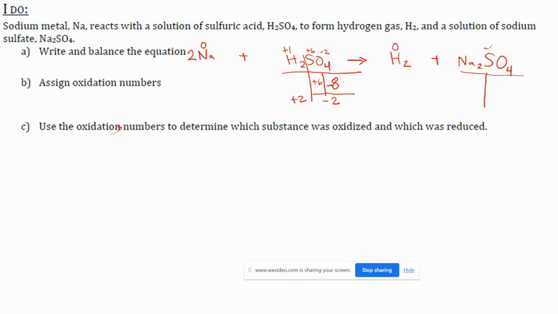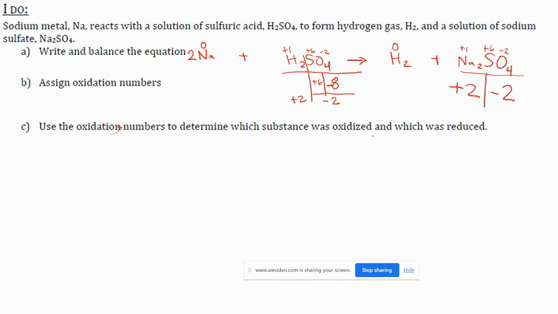It's a +6 and a -2. We know that this side is a -2, which means that this side has to be a +2. We have 2 of these, so sodium must be a +1.